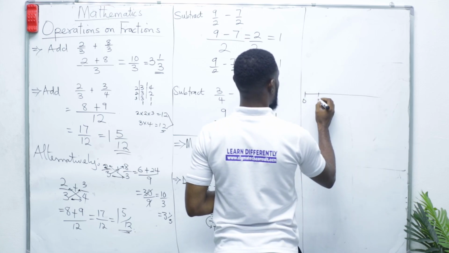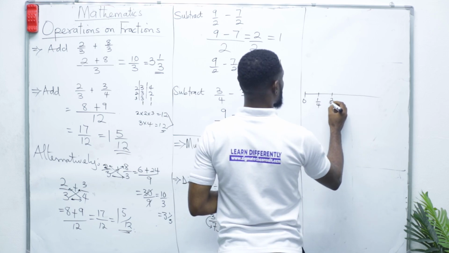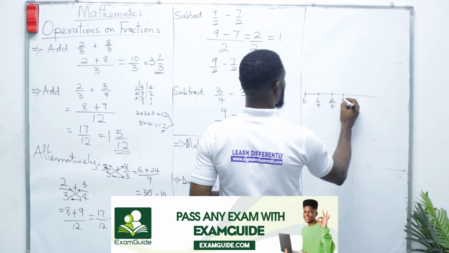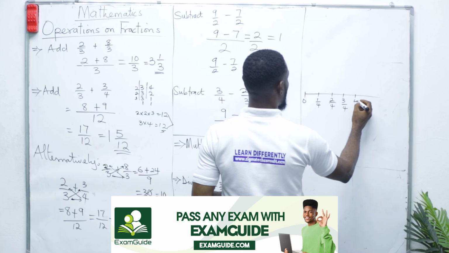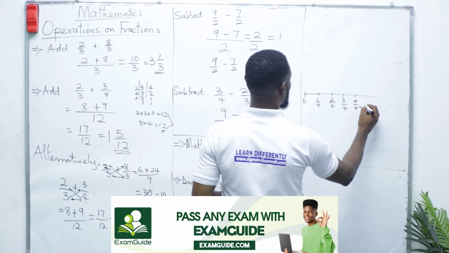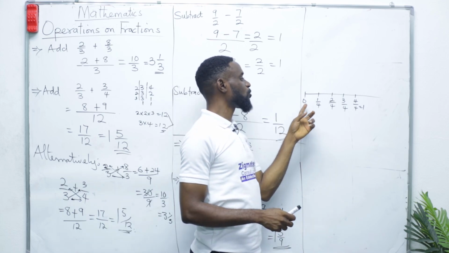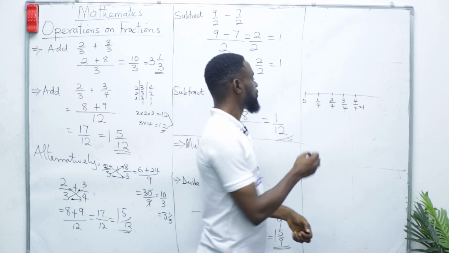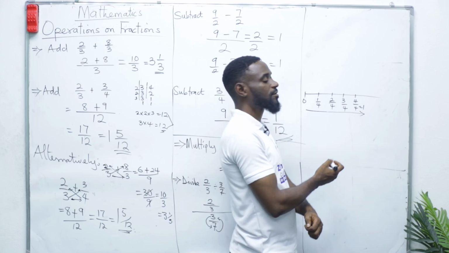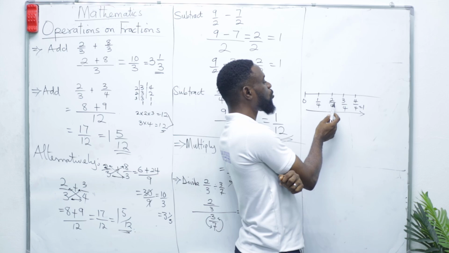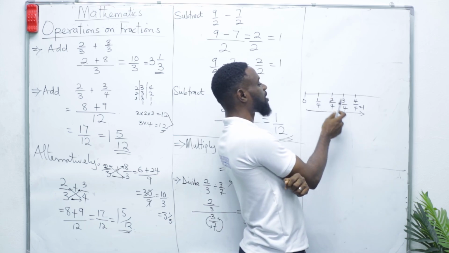Here is our 1/4. Here is our 2/4. Here is our 3/4. Then here is our 4/4, which is equal to 1. Remember, these numbers are increasing as they move right. So it means that 2/4 is bigger than 1/4, and 3/4 is bigger than that, just like that.